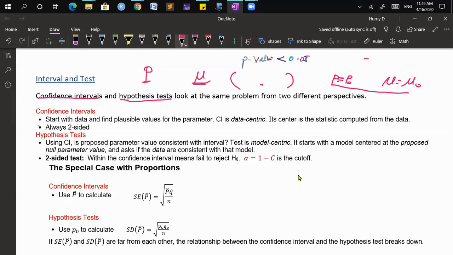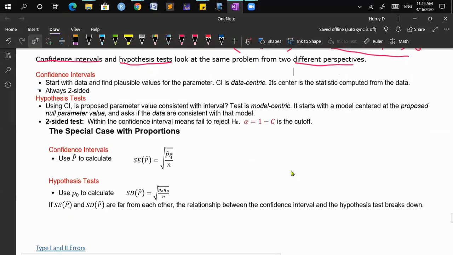So we try to check if they are true. To answer this question, we collect data, we do all the steps that we did, and we agree or do not agree with this hypothesized value. So in both cases, we are trying to answer the same question. Okay, so it's just looking at a problem from two different perspectives.